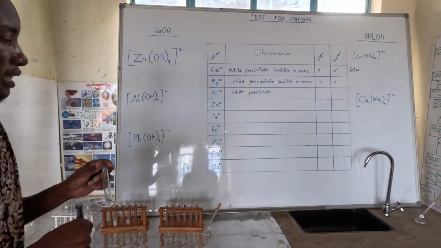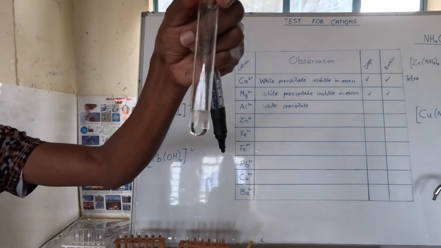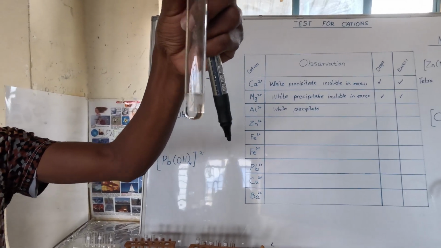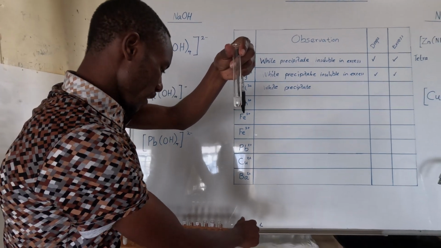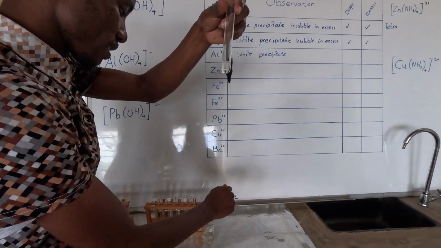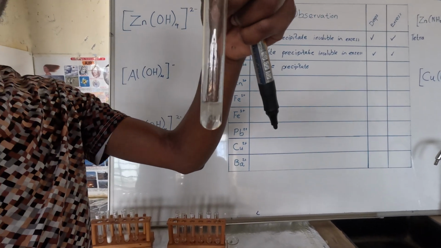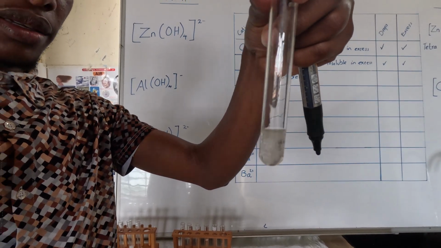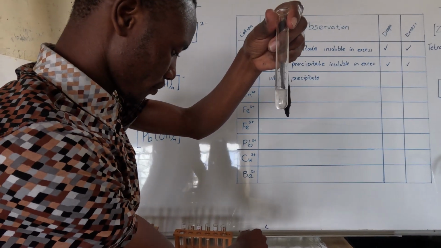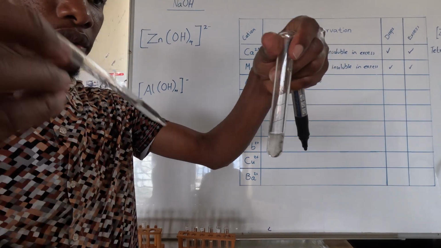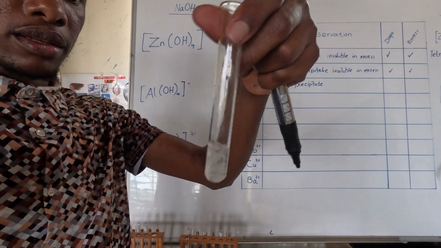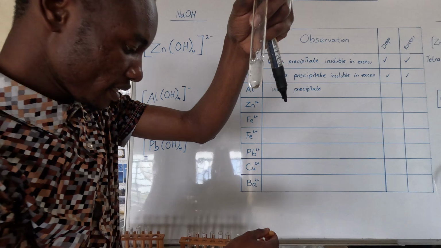A white precipitate. Now I want us to see, it is here with us, white precipitate. What will happen when I add excess sodium hydroxide like that? So I'm adding excess sodium hydroxide. Something is happening.